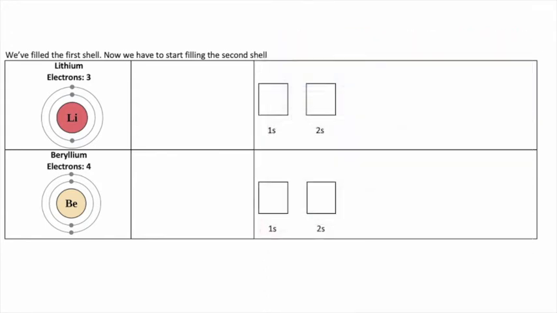Our electron configuration will be 1s², 2s¹, and our orbital notation will have an up-down in the 1s, just like helium did, and then we'll add another arrow to the 2s. For beryllium, we have 4 electrons. We're going to have 1s², 2s², then we'll have an up arrow and down arrow in the 1s box, and an up arrow and down arrow in the 2s box.